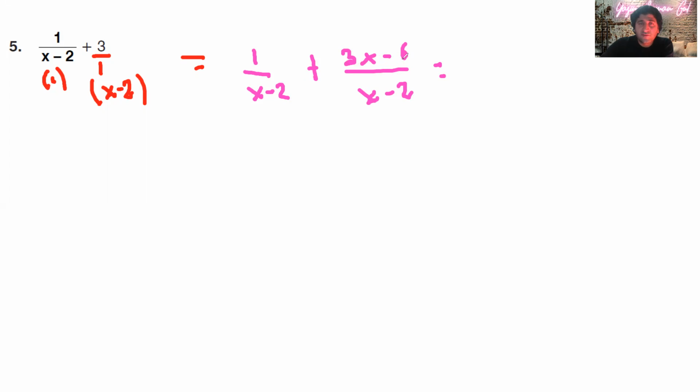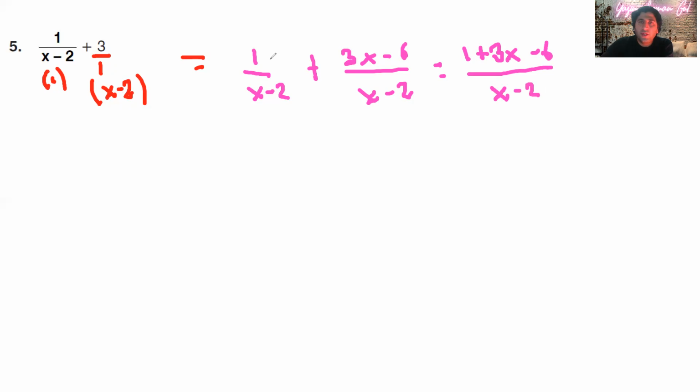Since I have the same denominators, I'm going to add the numerators. 1 plus 3x minus 6 over x minus 2.